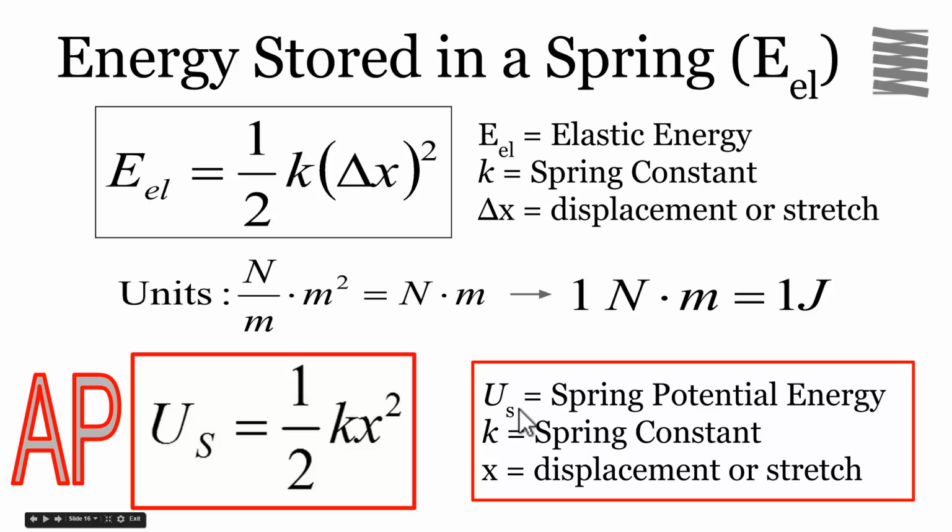Well, this is the potential energy stored inside of a spring or an elastic material, so they label it U sub S. We'll call that the spring potential energy. So the amount of potential energy stored in a spring is equal to 1/2 times k, the spring constant, times x, which they just use x to represent displacement or stretch, squared.